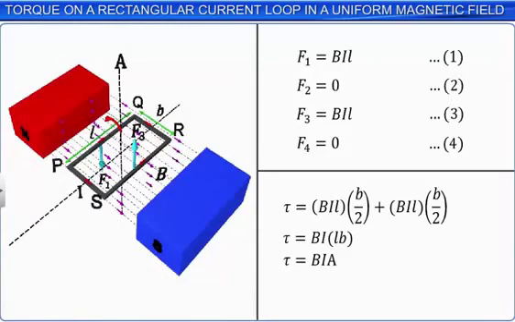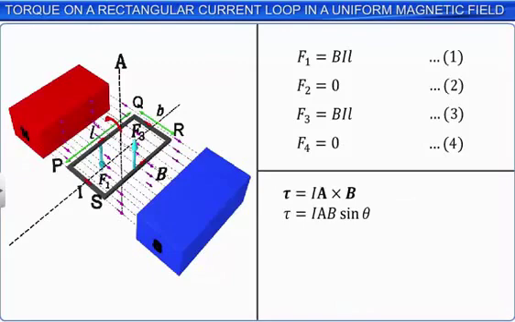If theta is the angle between the two vectors, then the torque on the loop is given by the cross product IA cross B, whose magnitude is equal to IAB sin theta. We now define a new vector, magnetic moment, denoted by M, which is equal to the product of I and A. Thus, the direction of M is the same as that of the area vector, and its SI unit is ampere meter square.